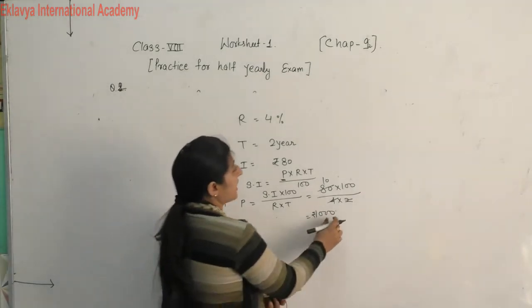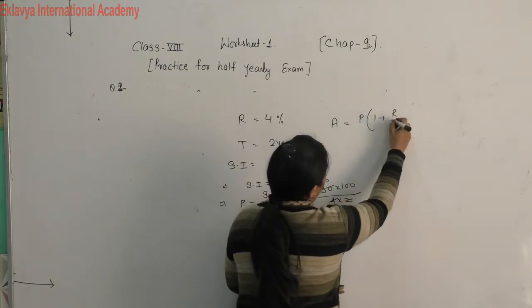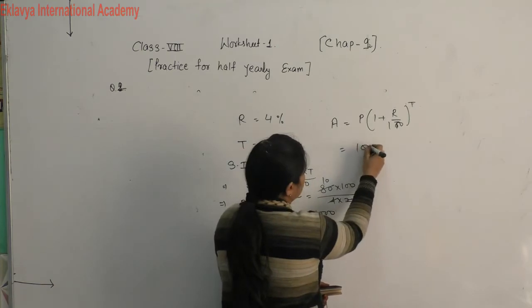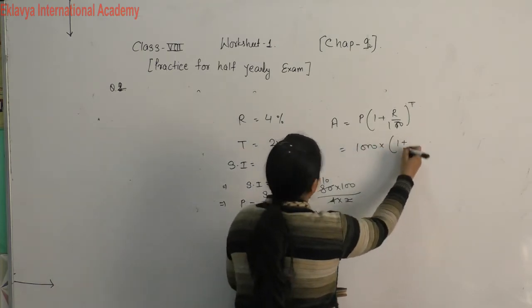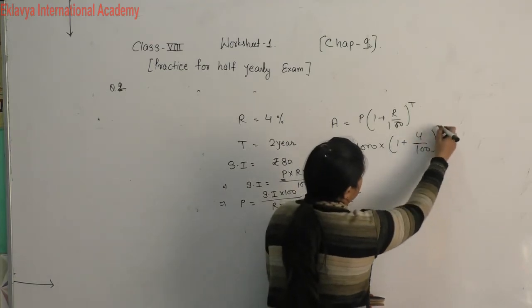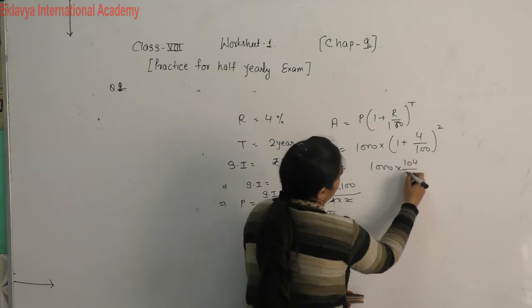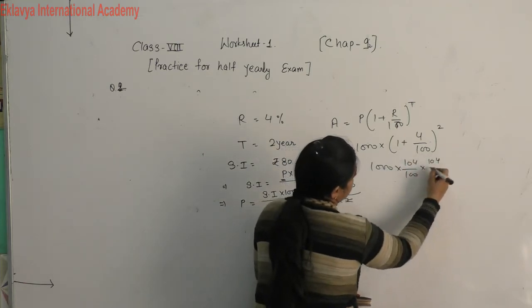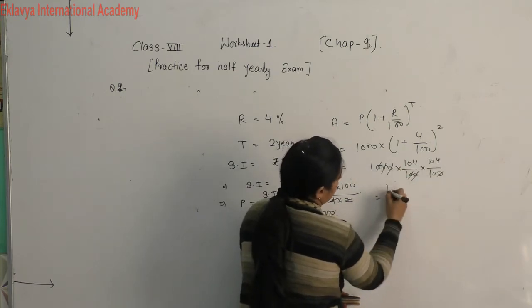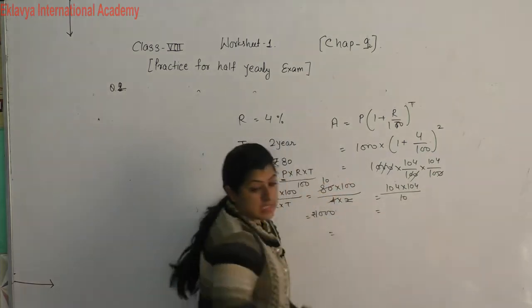Now find out the compound interest on this sum. Firstly we find out the compound amount. The formula is P into (1 plus R upon 100) power T. P is rupees 1000 into 1 plus 4 upon 100. This becomes 1000 into 104 upon 100 into 104 upon 100.